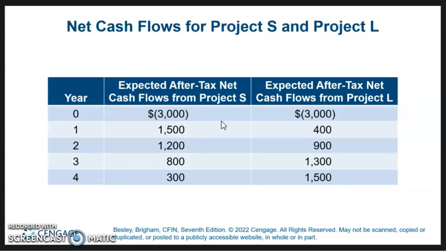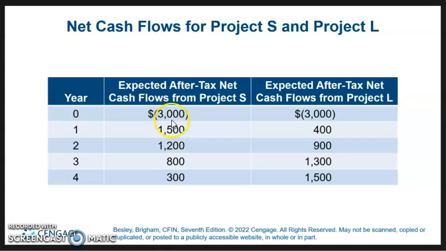We have a couple of example projects here. We have net cash flows for project S and L. Both are 4-year projects, and the initial costs of both are $3,000.